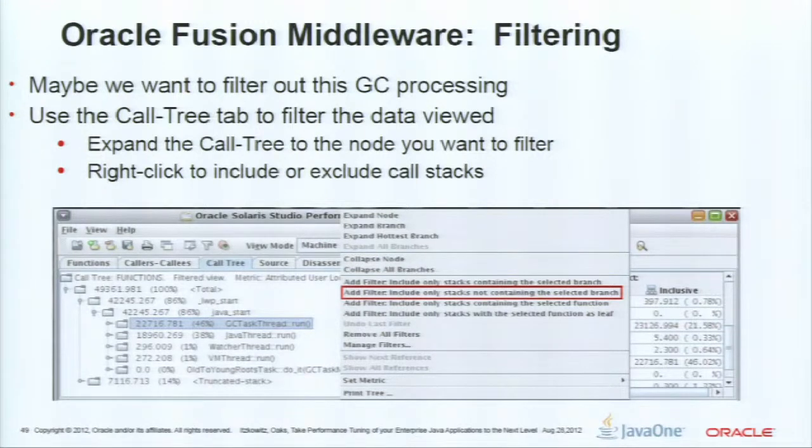We know how to deal with GC. We know how to tune GC. That's not necessarily going to help us here. So we're actually going to filter out the GC. We're going to include only stacks that don't contain the calls into GC. And now we're going to see what's taking up the rest of our user lock time aside from GC. That is the user lock time that we're actually going to be able to do something about, that's actually in our application code.